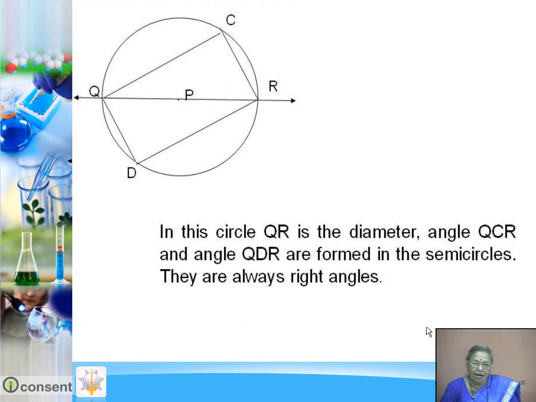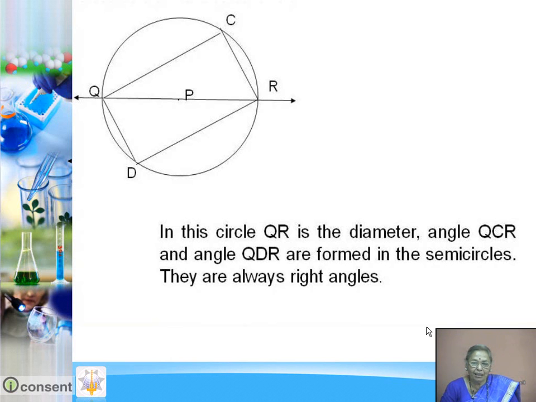Right angles. A diameter forms a secant also. Then the secant divides the circle into 2 equal parts. These 2 equal parts are called semicircles.